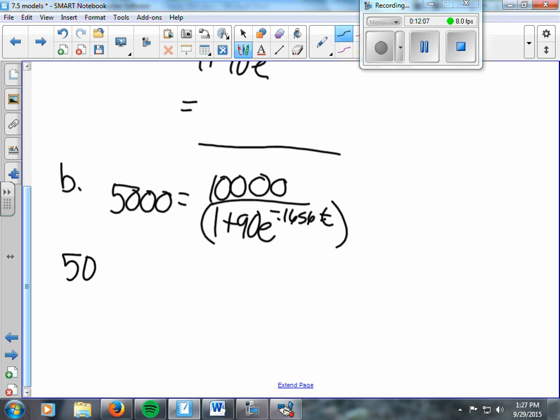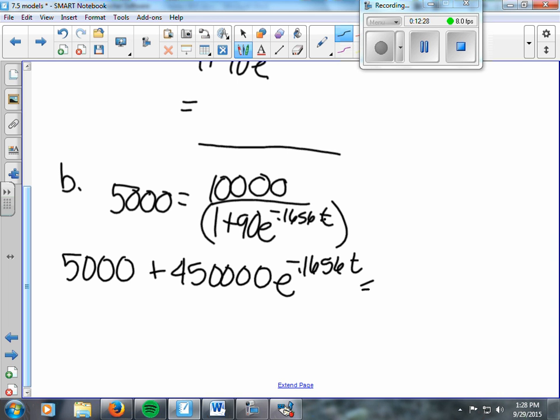I have to get rid of my denominator by multiplying both sides by 1 plus 90 e to the negative 0.1656t. So that's going to give me 5,000 plus 450,000 e to the negative 0.1656t, and that will equal 10,000.